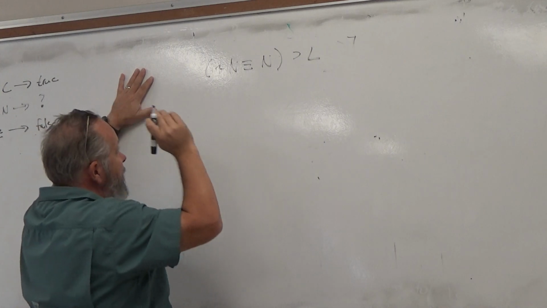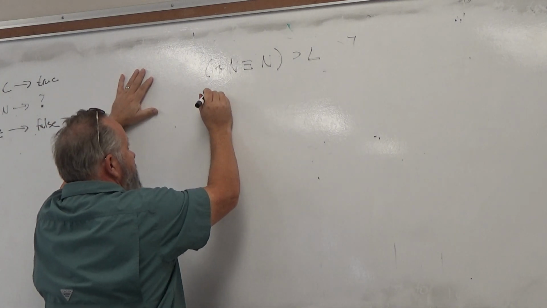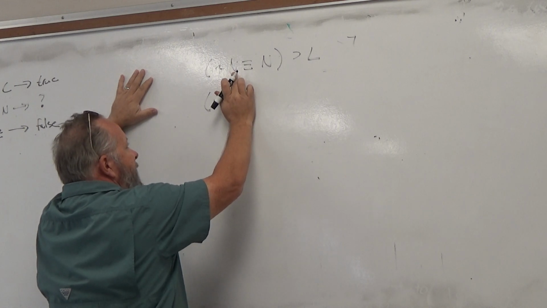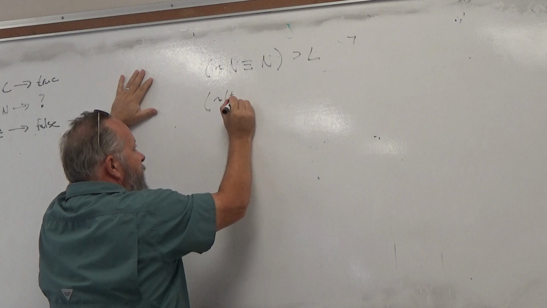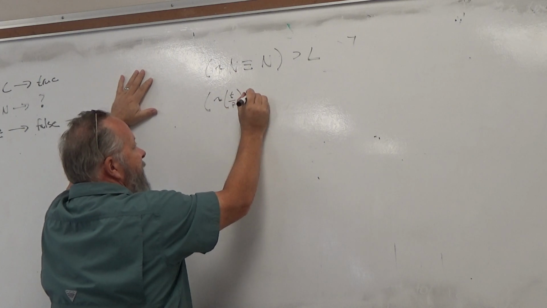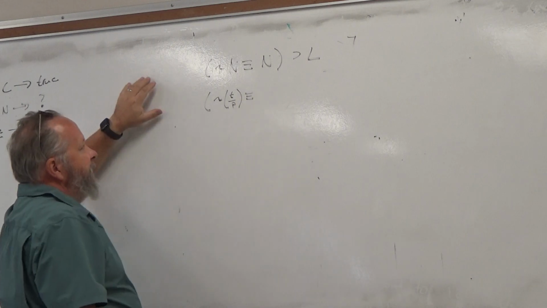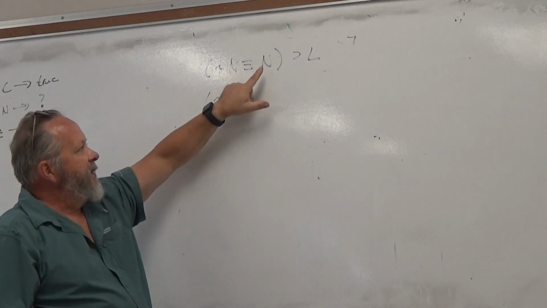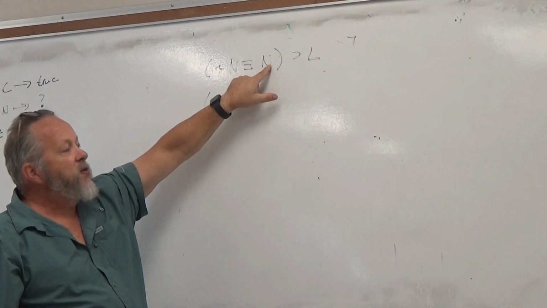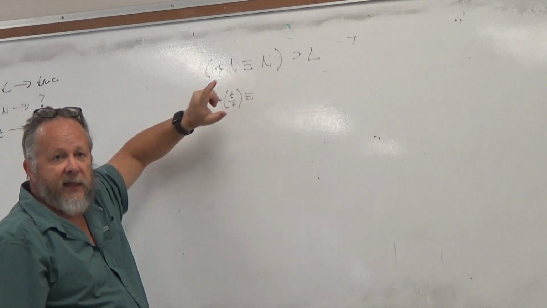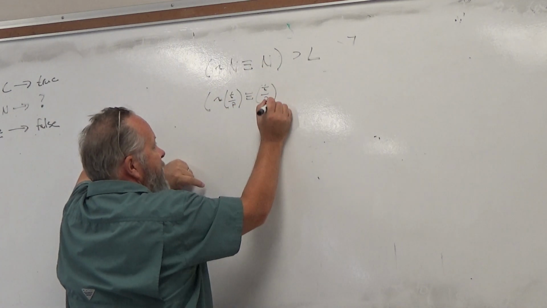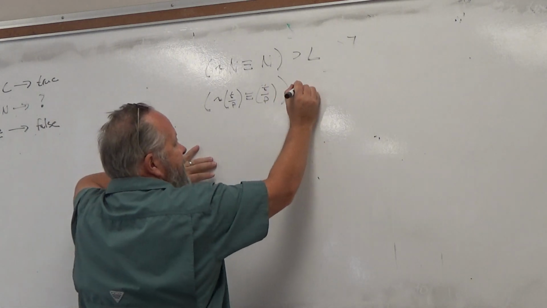So n is unknown. So we have not an unknown, and it could be true or it could be false. Right, like this. If and only if. Now here's the thing. This n and that n are the same, so wherever we're assuming n is true, we have to assume that that n is true. Does everybody understand that? So we put true over false. Okay. Then this, then L.